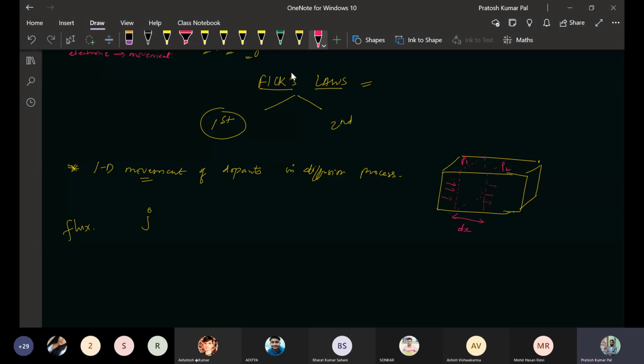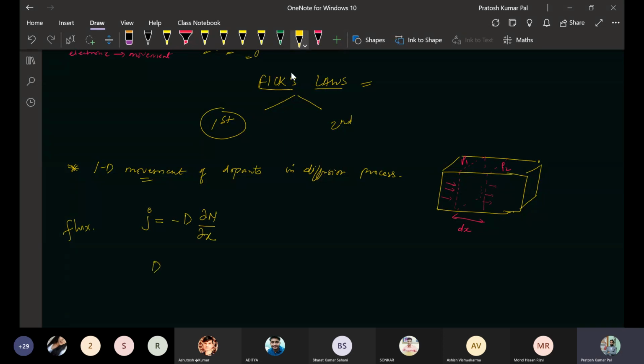Suppose it is N1 at the P1 plane and the concentration at the P2 plane is N2. The difference divided by this dx is considered to be the flux. So this flux is basically defined as minus D del n by del x.